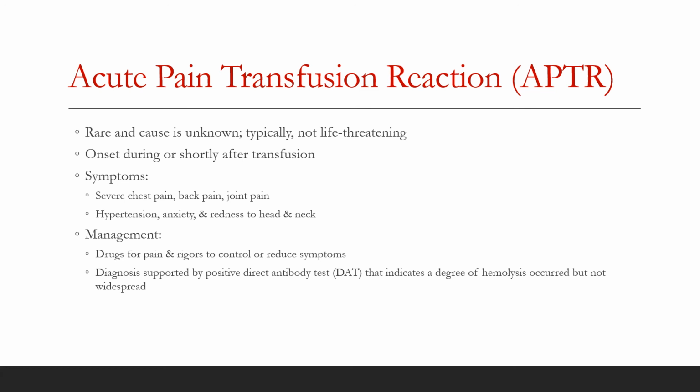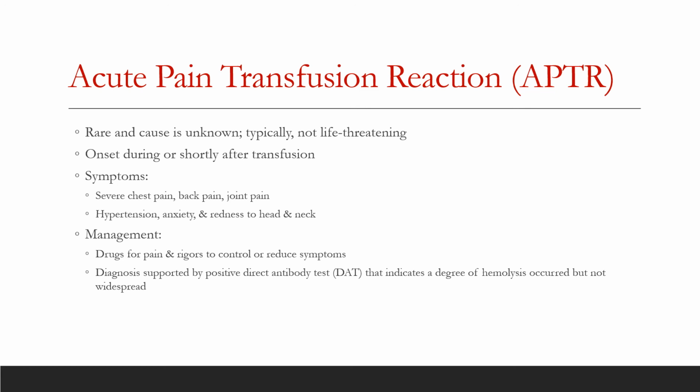We can give them pain medications and medications to stop with rigors and control or reduce any other symptoms that they're having. But we can diagnose this. It's an expensive test, but rare things are usually expensive to test for anyways.